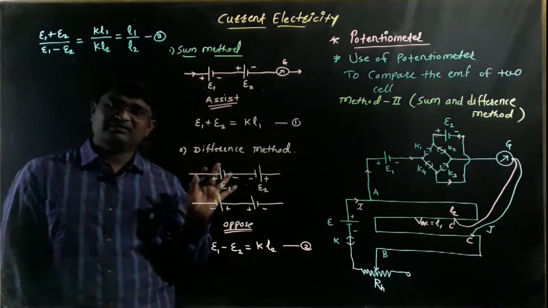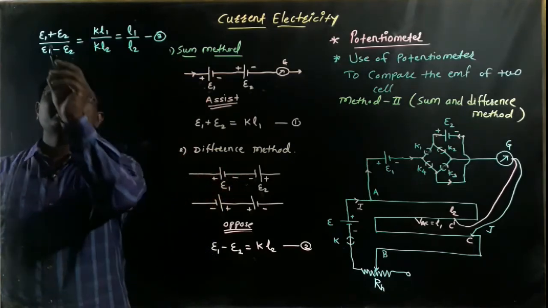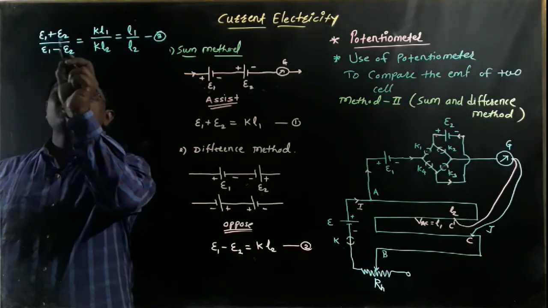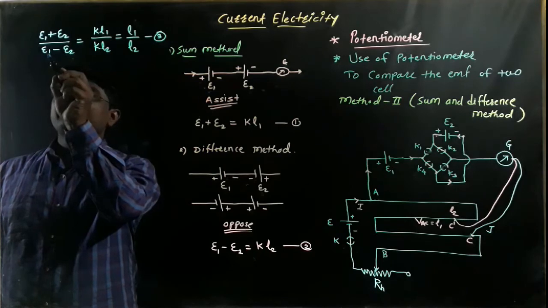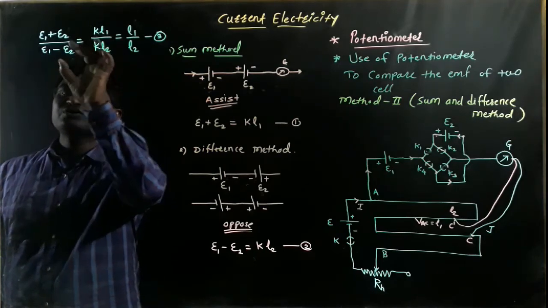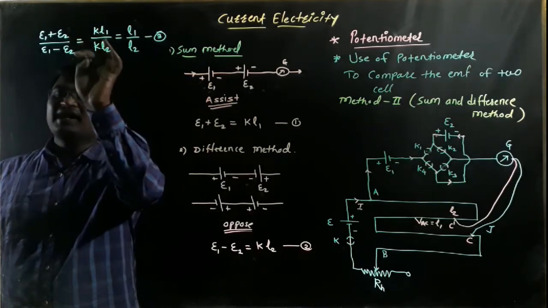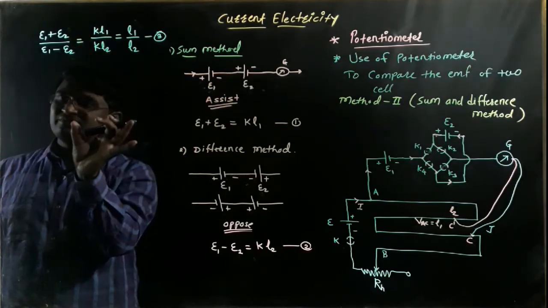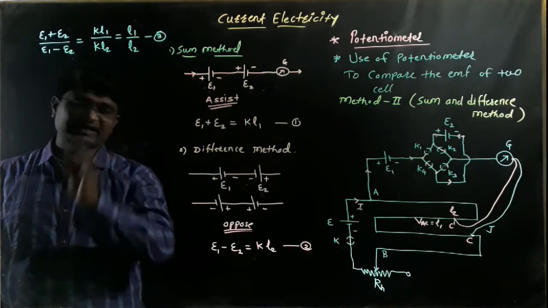It is a very simple method. Here the numerator is epsilon 1 plus epsilon 2, and the denominator is epsilon 1 minus epsilon 2. Numerator and denominator are added for the numerator, and subtracted for the denominator. This method is called componendo and dividendo.